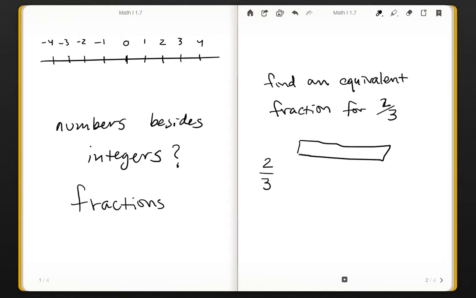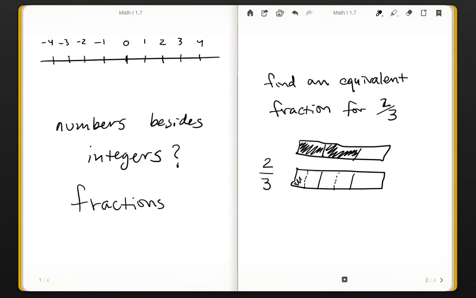So if I had a strip of paper and I split it up into thirds, and then say I had 2 of them colored in, how could I make another representation that's just like that? Well, if I had the thirds again, I could take these and I could just split them in half.